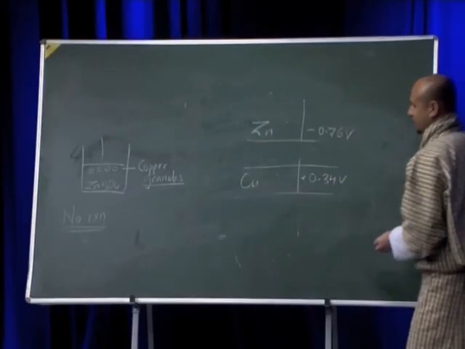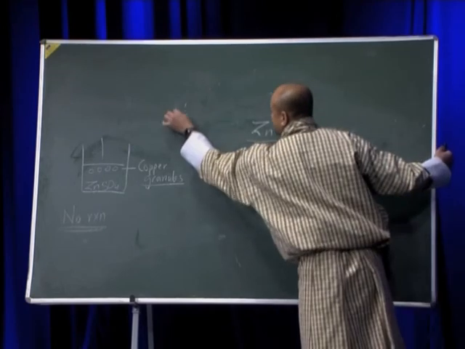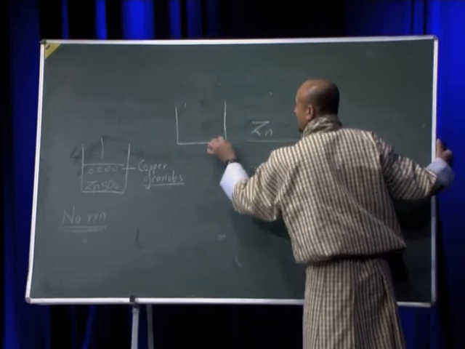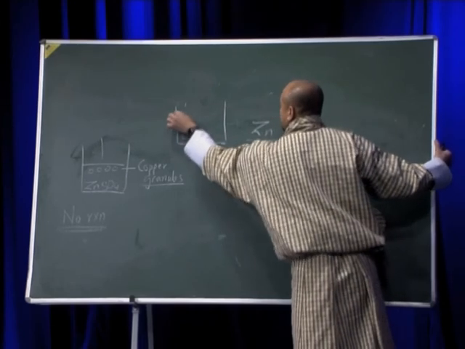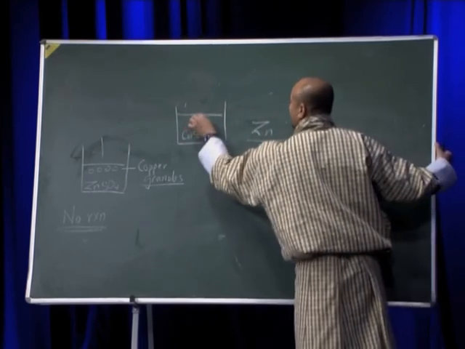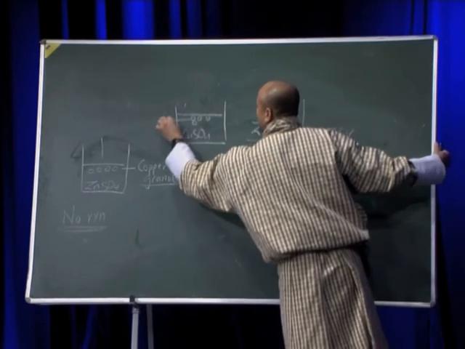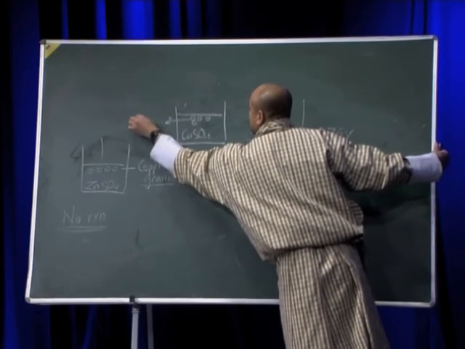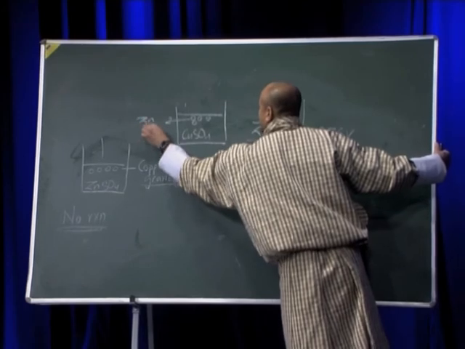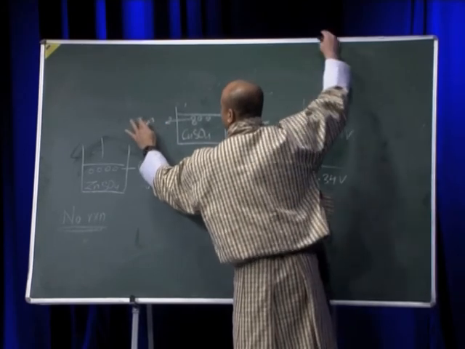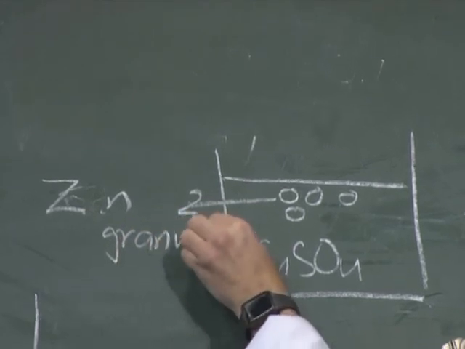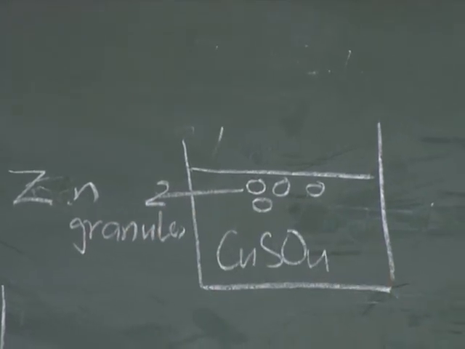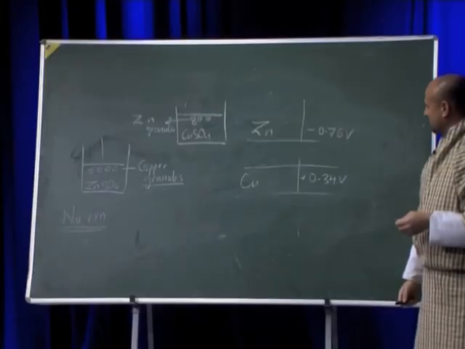But let's take another example here. Let's assume we are taking copper sulfate solution, and to this copper sulfate solution, we are adding some zinc granules. Now, what happens? Which is more reactive?